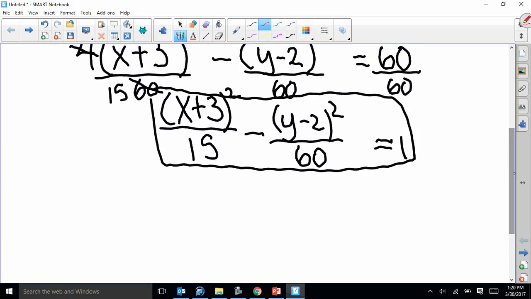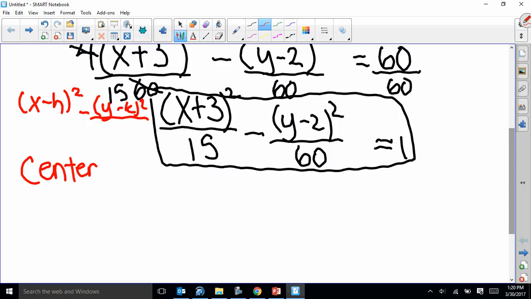So our center is going to be at, let's see, our formula is x minus h squared minus y minus k squared, so that's our center.